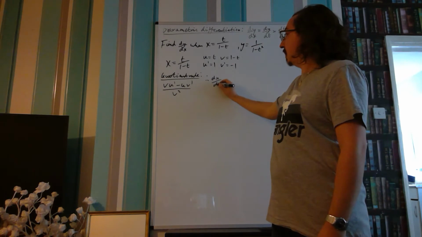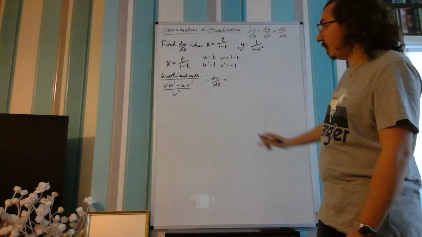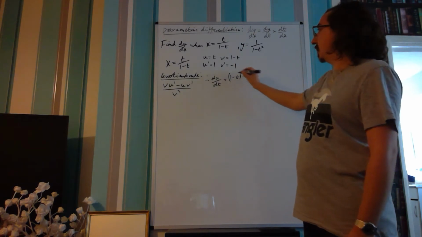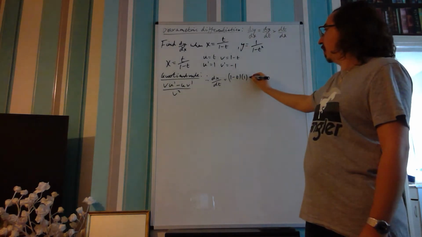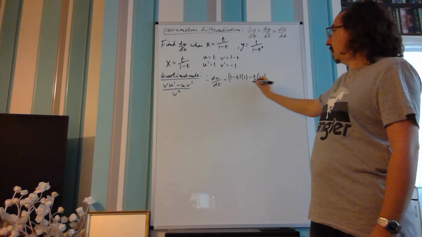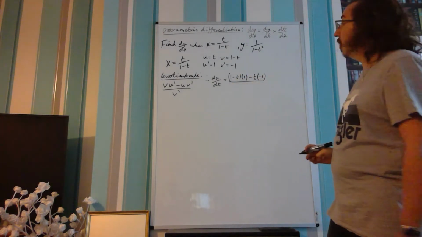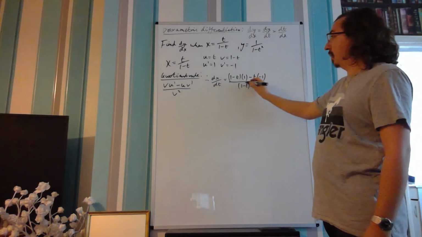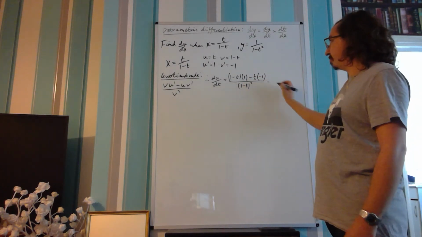So therefore, dx by dt then is our v, 1 minus t, times our u dash, which is 1, minus our u, which is t, times our v dash, which is minus 1, all over our v, which is 1 minus t, all squared.